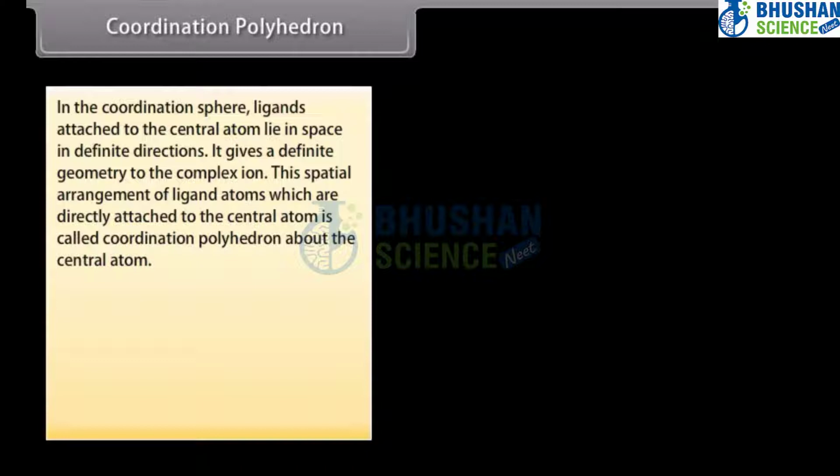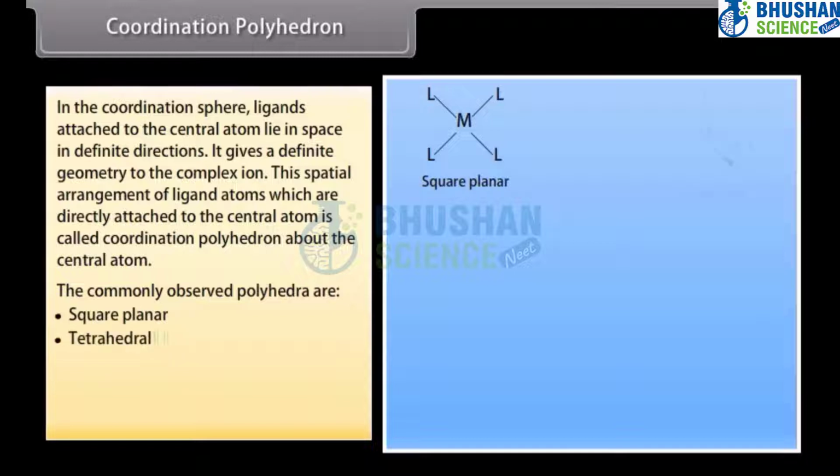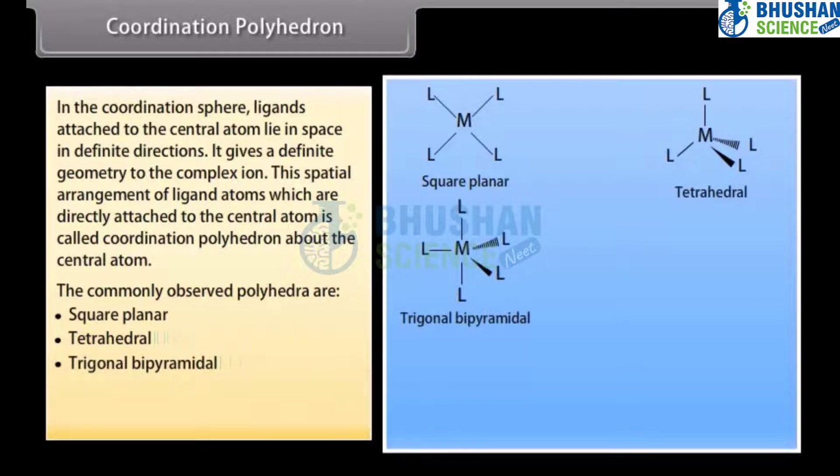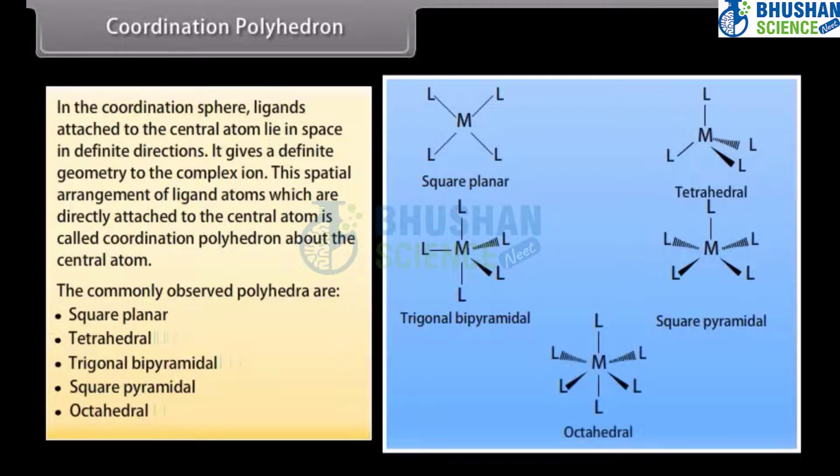This spatial arrangement of ligand atoms, which are directly attached to the central atom, is called the coordination polyhedron about the central atom. The commonly observed polyhedra are square planar, tetrahedral, trigonal bipyramidal, square pyramidal, and octahedral.